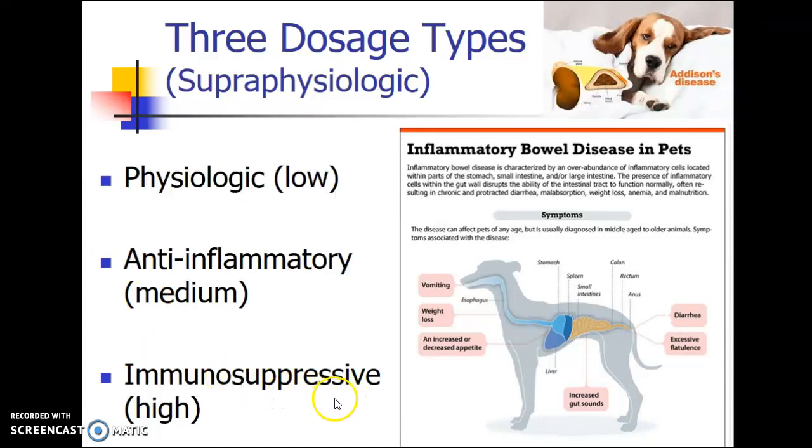And this immunosuppressive dose is very high, and we typically want to get that on board at a high level, get the immune system under control, and try to get the animal down to as low of a dose as we can to maintain that immunosuppressive effect that benefits the animal but does not suppress the adrenal gland too much so that it doesn't produce any of its own naturally occurring hormones.